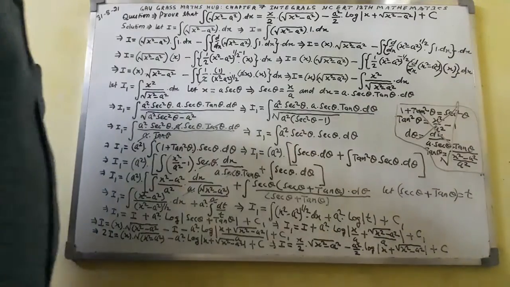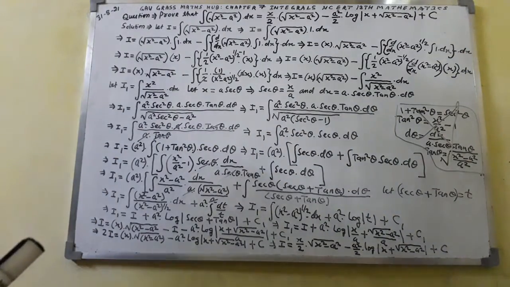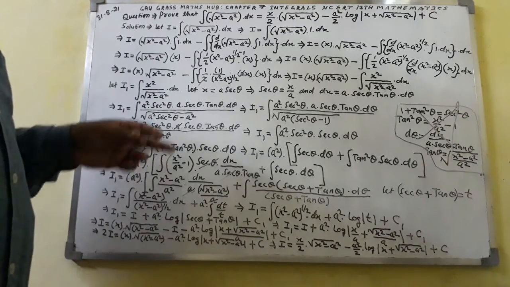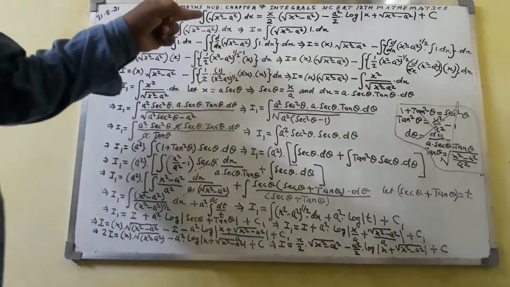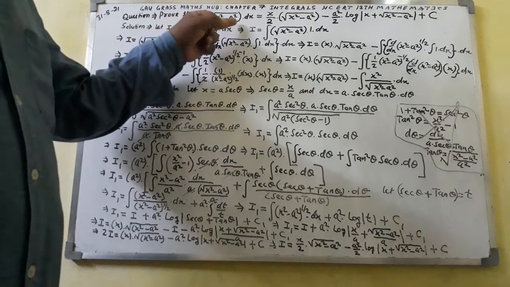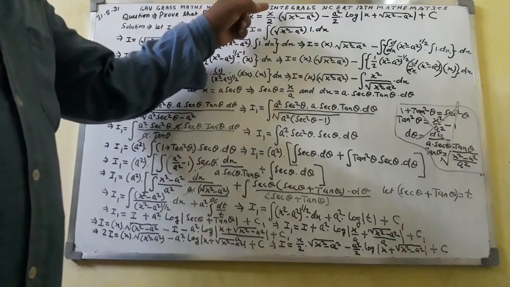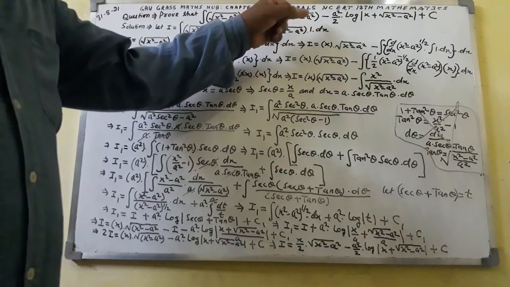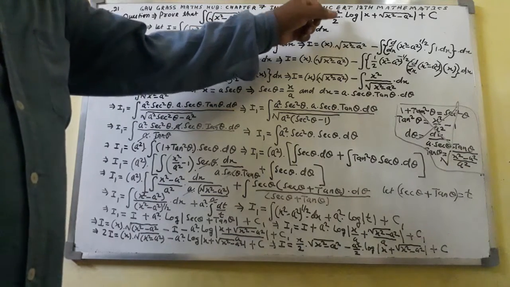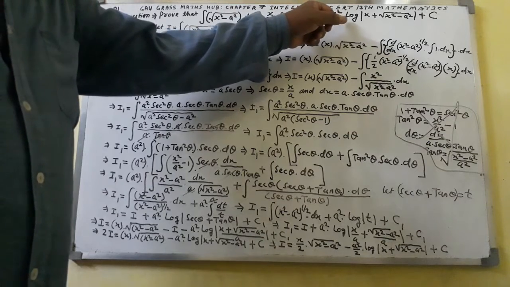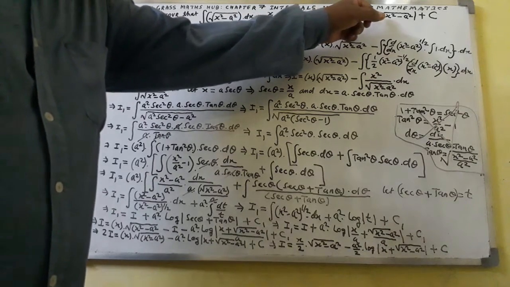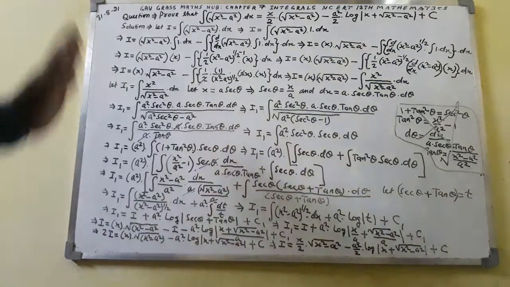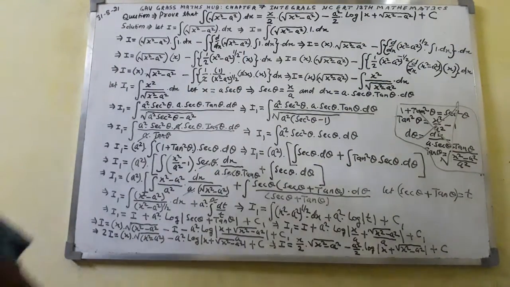Just cross this one. A proper explanation and solution of one concept I have mentioned here: integral under root x square minus a square dx equal to x over 2 dot under root x square minus a square minus a square over 2 dot log mod x plus under root x square minus a square mod plus c. This thing we have got. Okay guys, thanks.